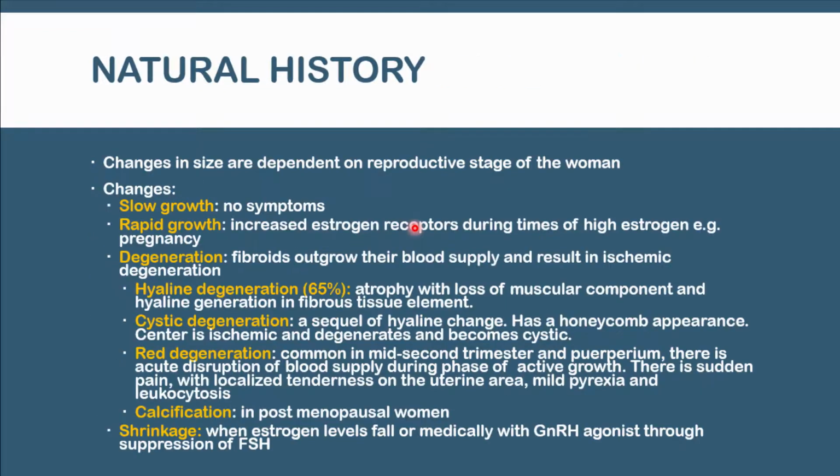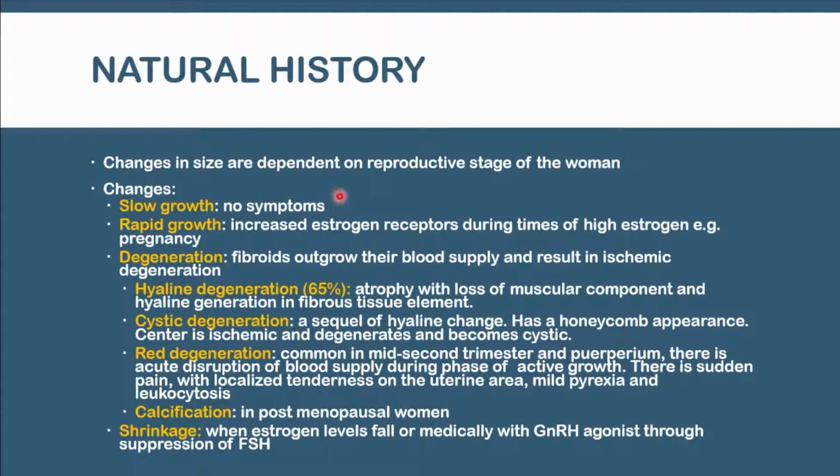Now, when it comes to the natural history of the disease, remember that these are changes in the size of the fibroids that happen during a woman's different stages of reproductive age. Generally the fibroids are slow growing tumors. So when they're growing slowly and they are small, they are asymptomatic, or they do not have any symptoms.